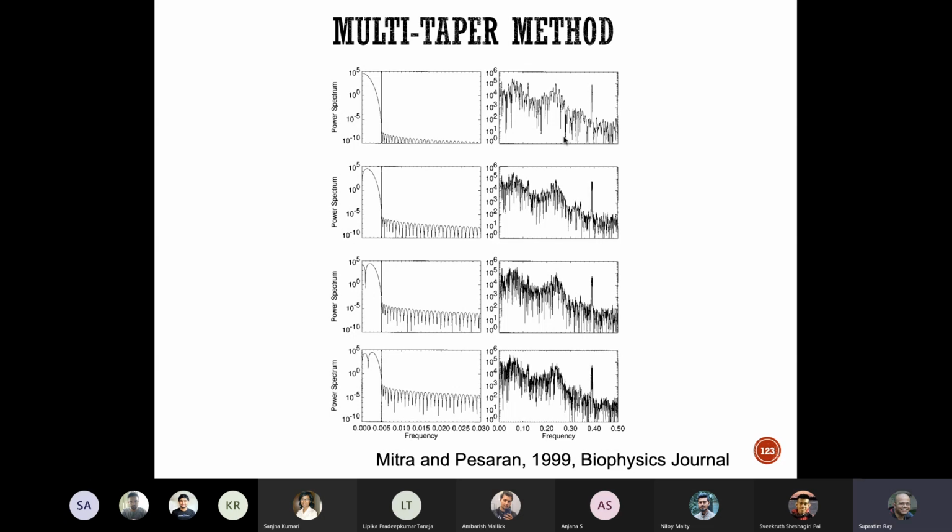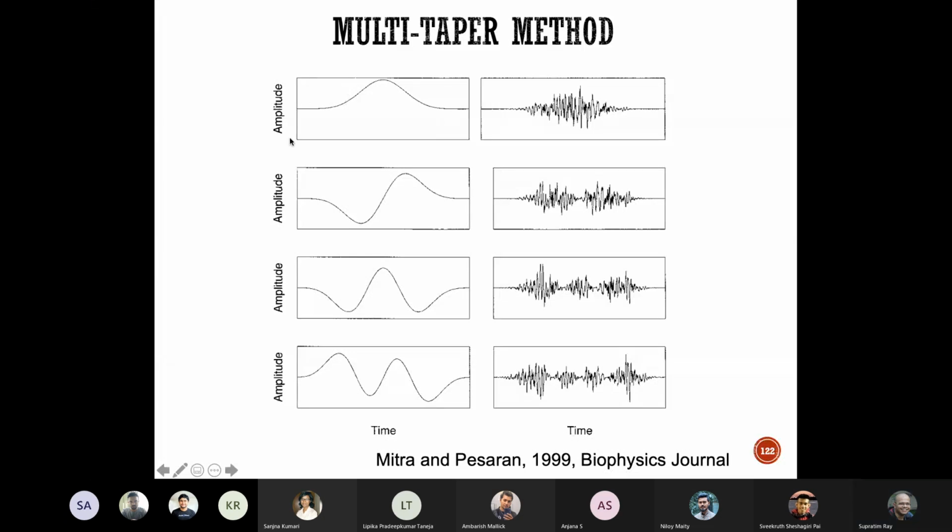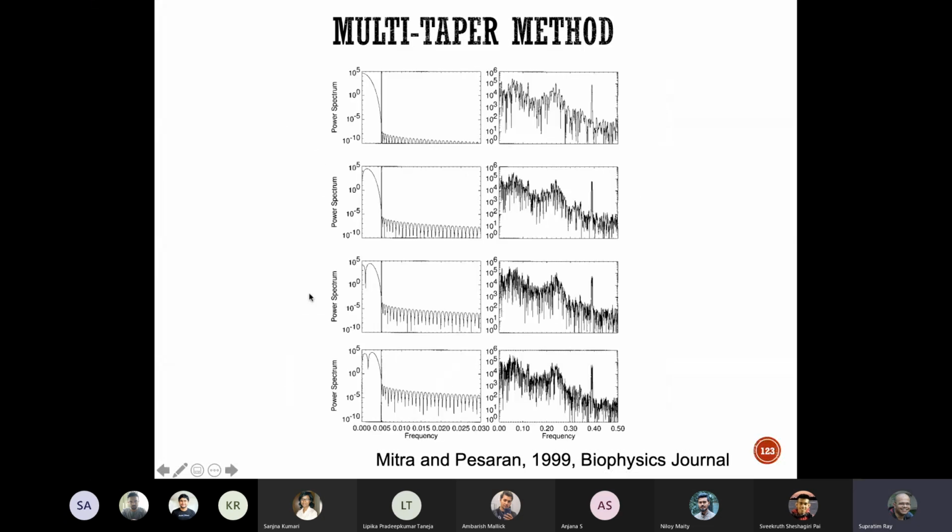Okay, and now you might ask, hey, how is it possible that I'm able to get 4 different estimates of the power spectrum from the same signal? And the answer is that if you look at the multi-taper windows, these windows and their Fourier transform here, actually the window has a large value for a fairly high frequency and then it falls off.